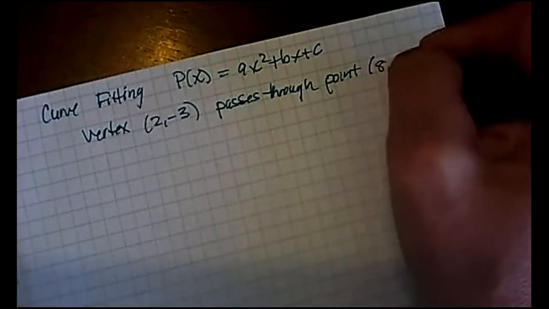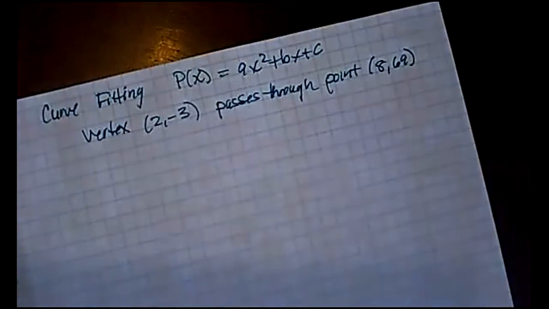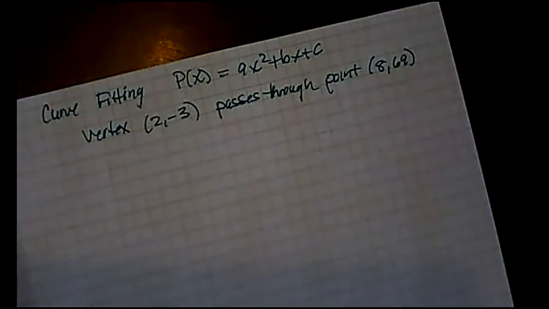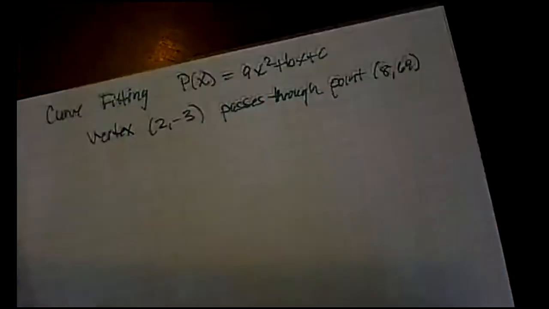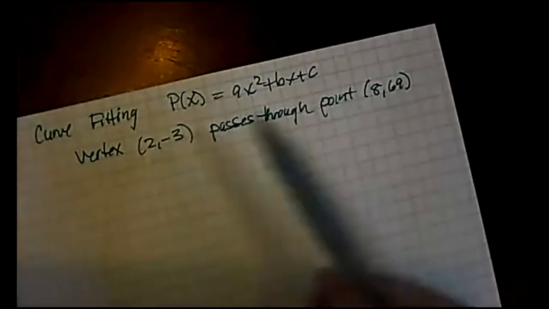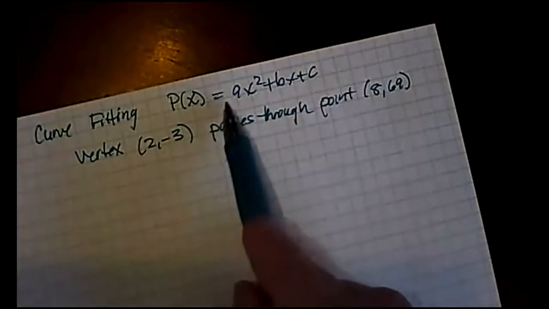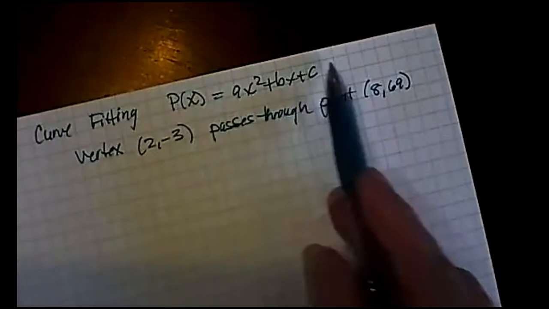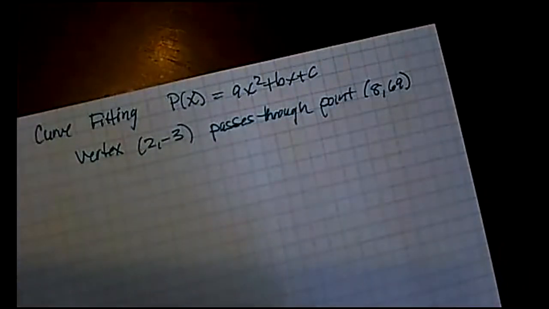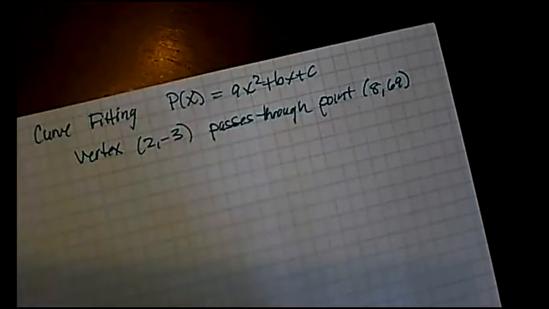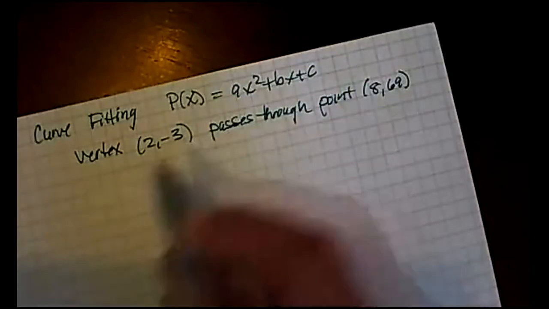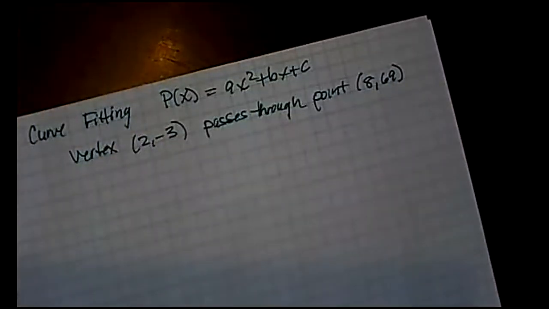Okay, I'm just picking a problem here. So what I want to do is find, okay, well, I know what the vertex is. I know a point that it goes through. Can I put it into this quadratic so I know what the quadratic equation is of it? I just want to know what the equation is. So that's what we're going to try and find. That's curve fitting. We're fitting the curve by taking this information and creating an equation by it.